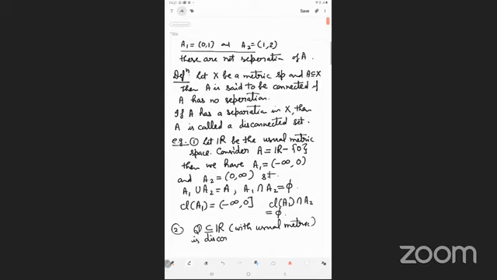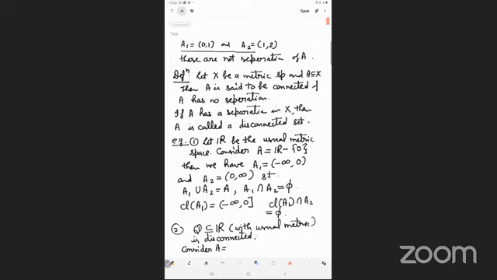For this, we can take any irrational number, like root 3. Consider A as the set of x belonging to Q such that x is less than root 3.